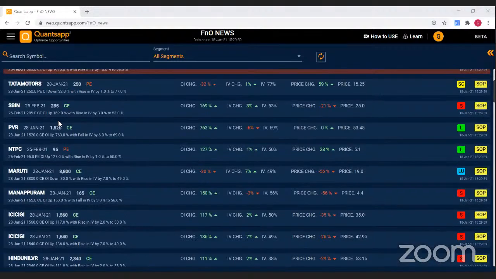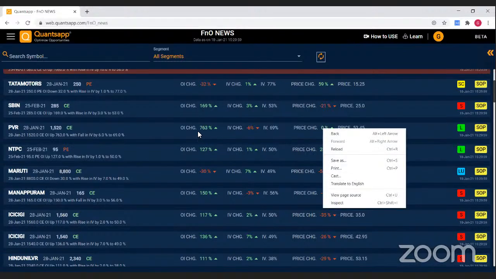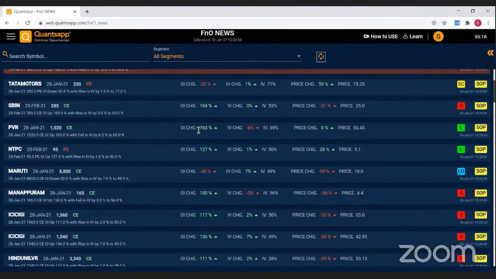So I can say that PVR call option 1520 there was a price increase. Even this is a very huge OI increase. You can see the prices haven't changed a bit, but the confidence that market participants are showing on the call side is, I would say, on the good side.